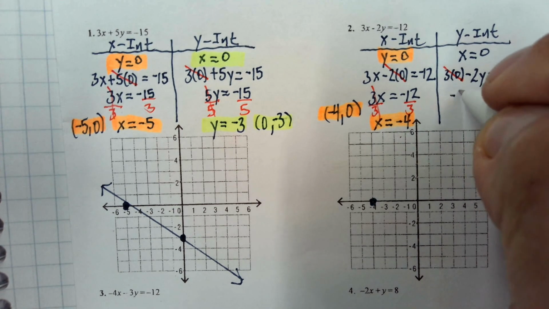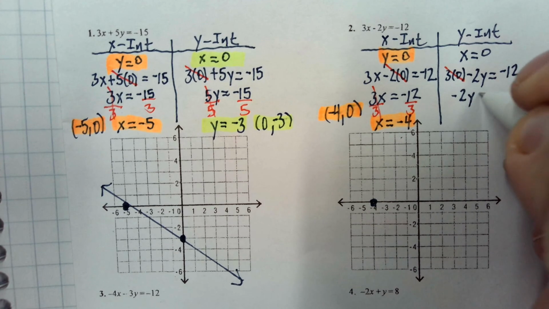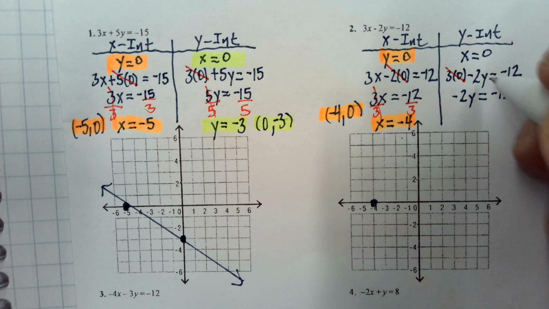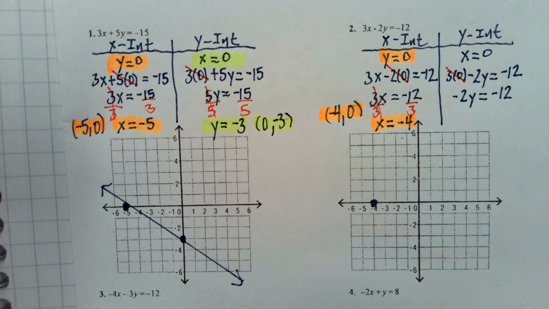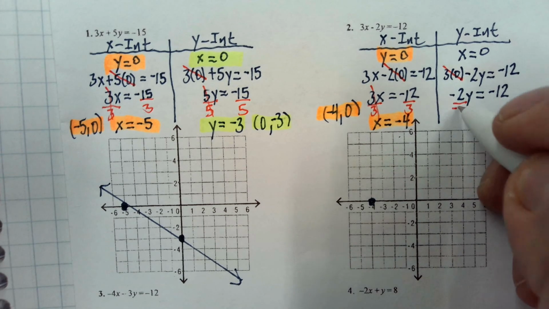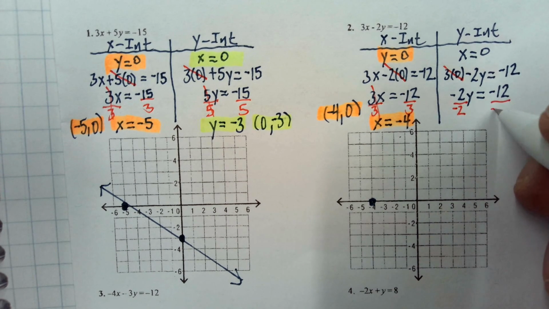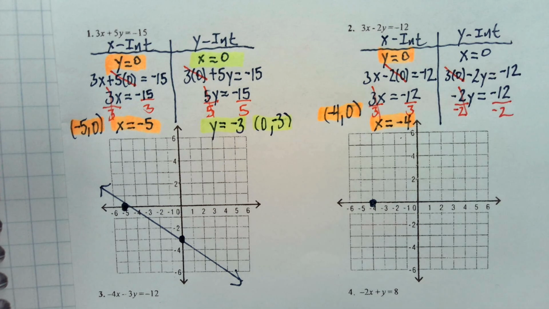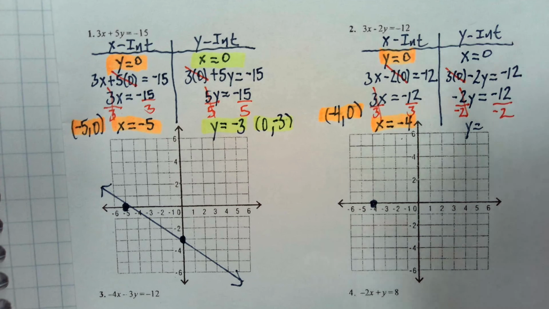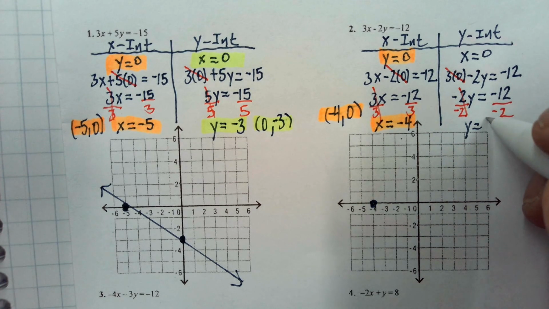Negative 2y equals negative 12. The negative stays with the y. So now divide by negative 2 to solve this. That's going to give me y equals positive 6.